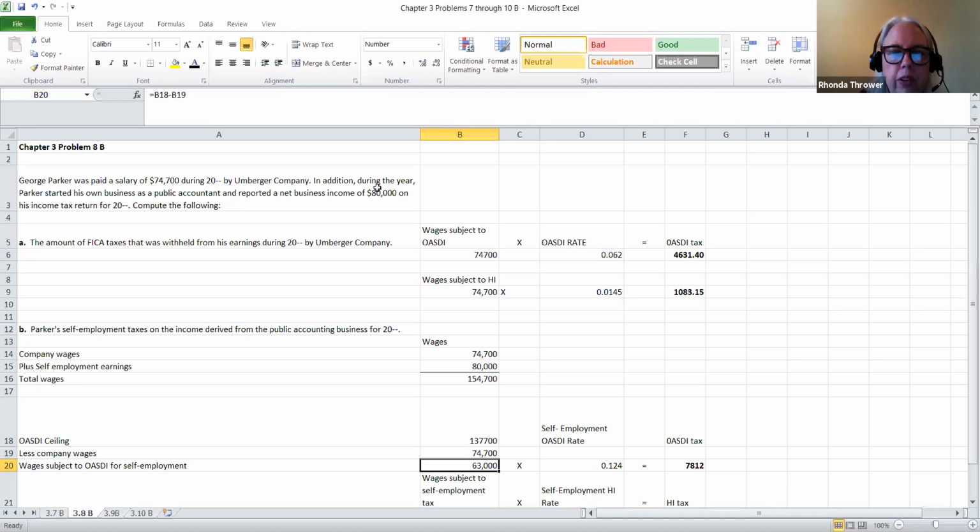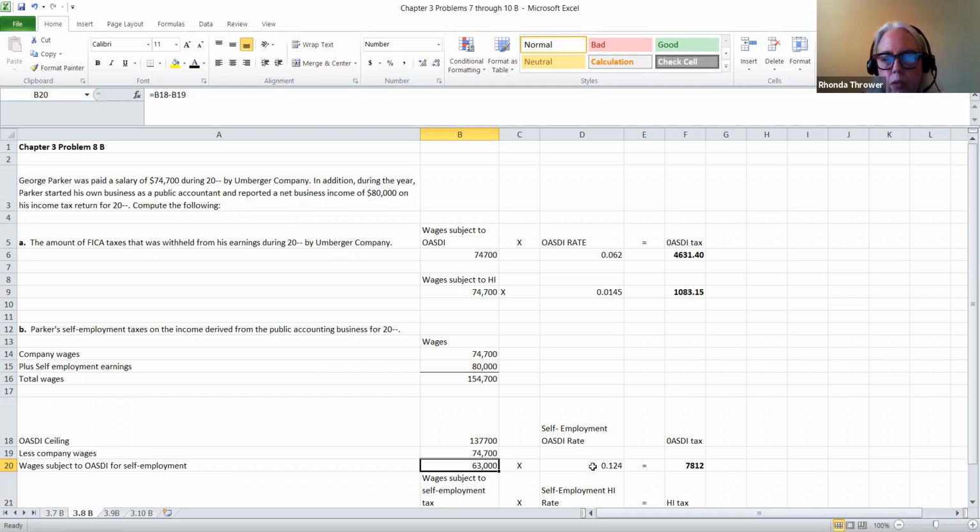So all of his earnings of 80,000 were not subject to OASDI because he had contributed to his OASDI from his salary in the Umberger Company. So what we had to do is to figure out how much he had left that he could be taxed on for OASDI. And 63,000 of the 80,000 in self-employment earnings that he earned is taxable toward OASDI.